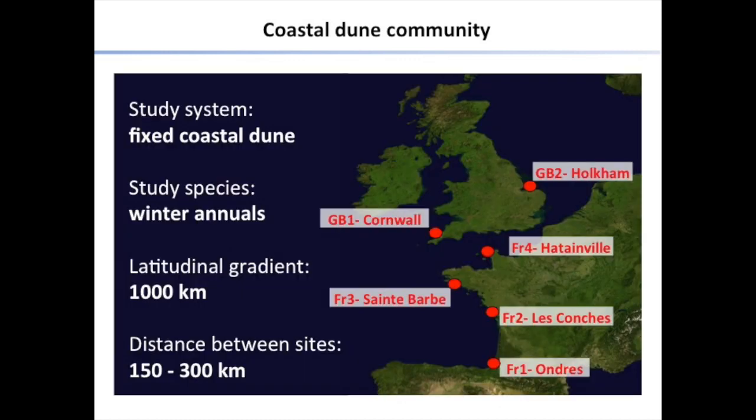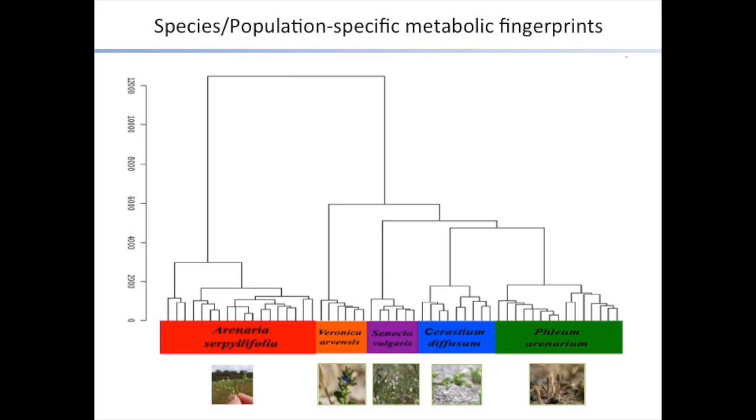These are some of the sites that Rachel's been sampling, and quite nicely, similar to what we saw with the Arabidopsis lyrata work, you get these nice metabolic trees. She did the metabolic extractions and the metabolic phenotyping, and the first question is, can we actually see species differences between the metabolic fingerprints?